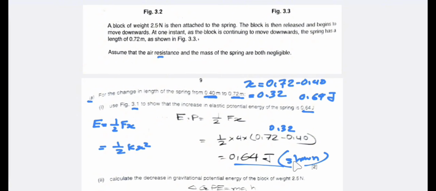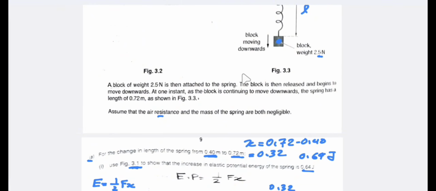You have to mention shown. Now we need to use figure 3.1. Let's suppose we use 3.2 or 3.3 instead and just ignore this, then we can see that the weight is 2.5 Newton. That means the force would be 2.5 Newton.